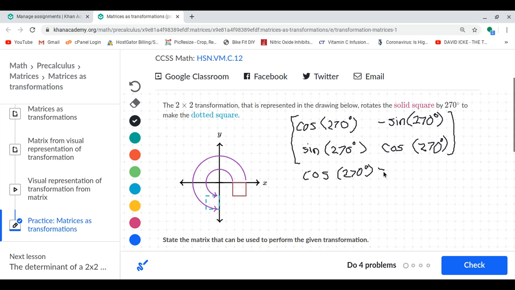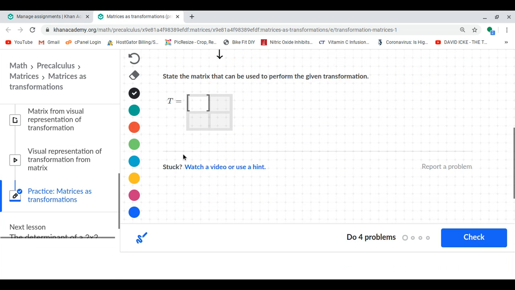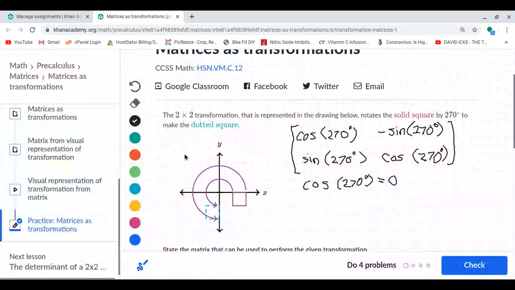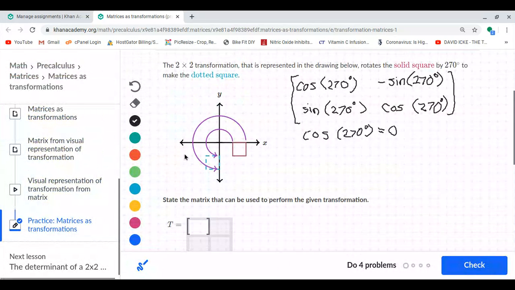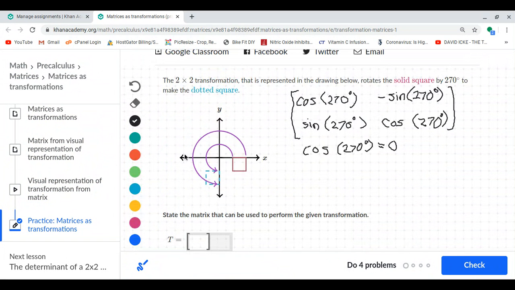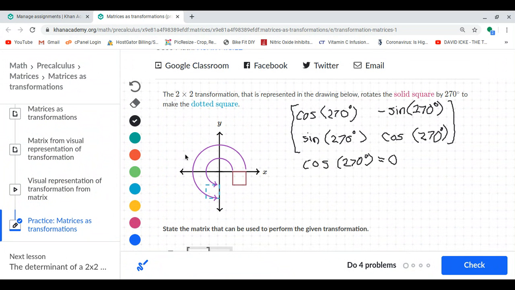Now, maybe you wouldn't know that, though. One of the tools you can use, well, they don't give you one, so you have to figure it out. One tool you can use is a TI-83. You could also Google what's the cosine of 270 and it would give it to you.